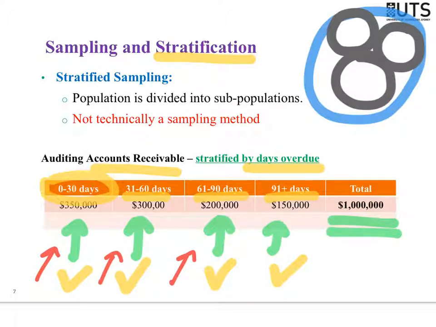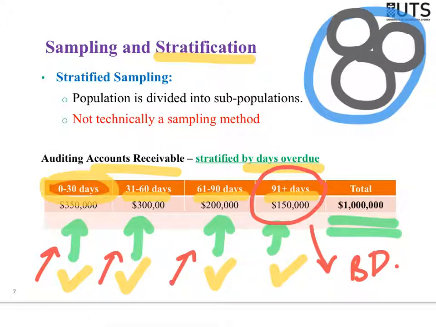That's the risk. And here's the thing. Why do we care? We care as auditors because remember, a company should only include accounts receivable that they think they're going to collect. If there's a risk that they can't, where does it go? Bad debt. So we want to make sure that the amount of money sitting in this category is actually true.